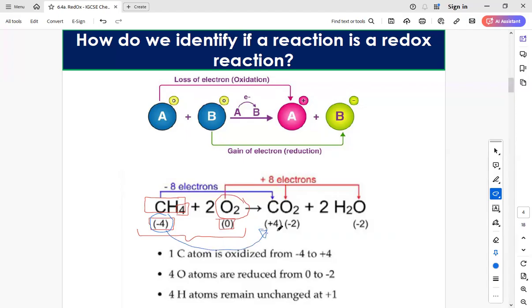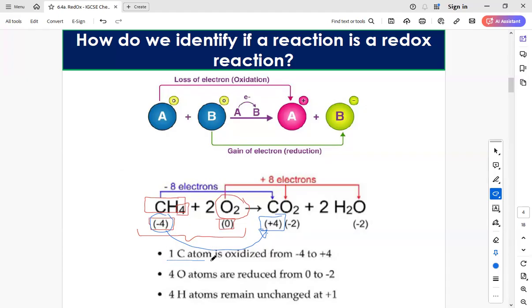Is this oxidation or reduction? Carbon की अगर बात करें, if you only talk about carbon, is it oxidation or reduction? Oxidation. Exactly. Okay, it is oxidation because the oxidation state of carbon is becoming more positive.